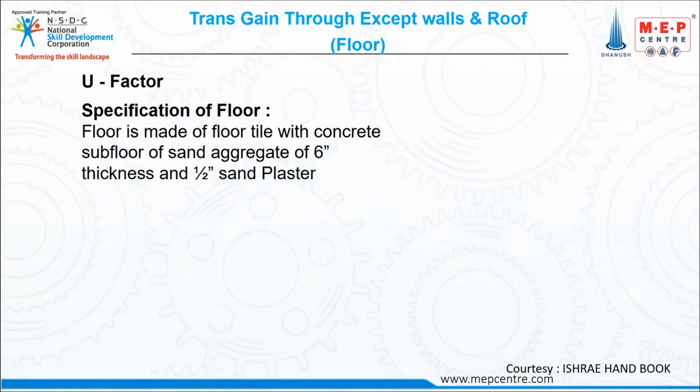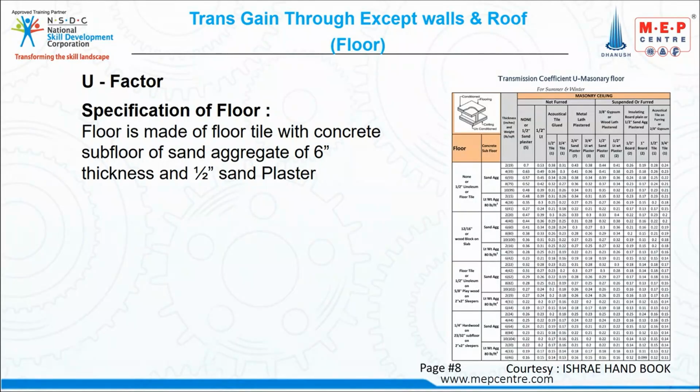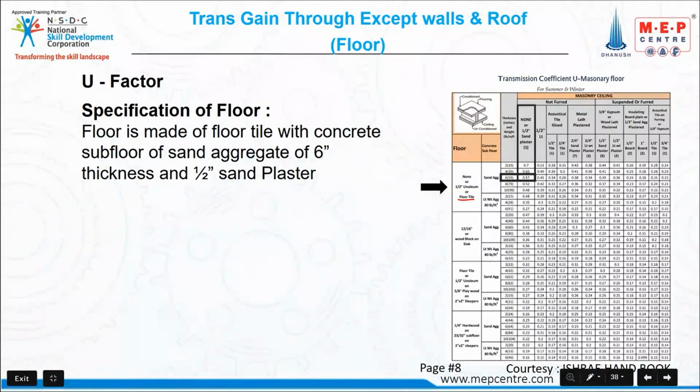The floor is made of floor tile with a concrete subfloor of sand aggregate of 6-inch thickness and half-inch sand plaster. So you can see from page number 8, floor is made of floor tile. You can see floor tile here. Concrete subfloor, sand aggregate of 6-inch thickness and half-inch sand plaster, 0.57.